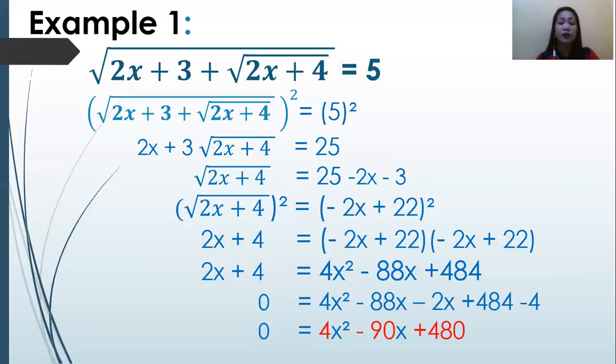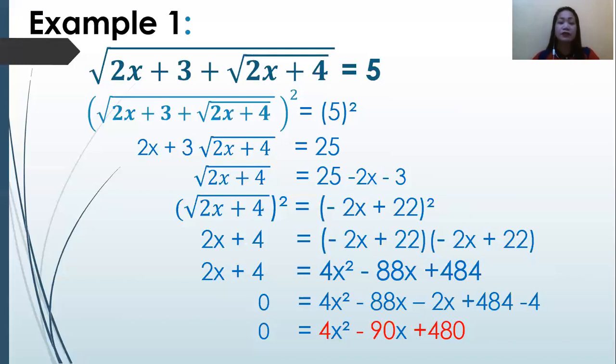Since we have a binomial on our left side, we are going to equate the equation to 0. To make it 0, we transpose the 2x plus 4 to the other side, so from positive it becomes negative. So we have 0 is equal to 4x squared minus 88x minus 2x plus 484 minus 4.